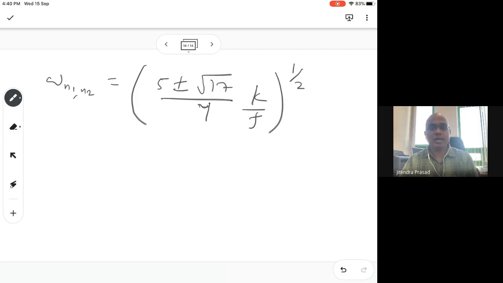Of course, like a free vibration, if you have a spring and mass system undergoing free vibration, then the amplitude could be anything depending on the initial condition. If you have given a particular velocity at t equal to 0, then automatically its amplitude is decided.